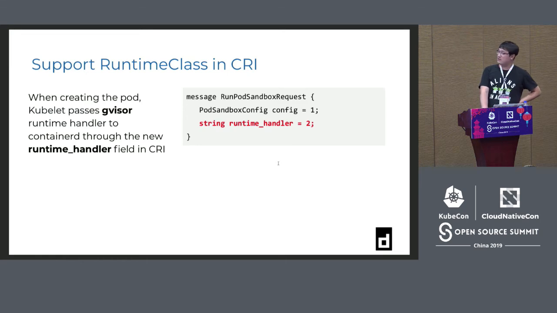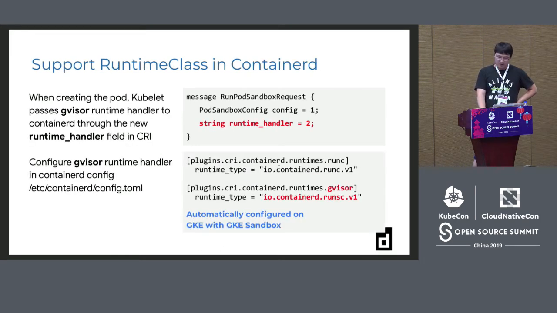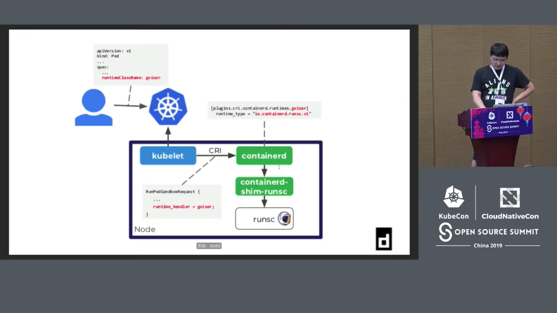So we have a gVisor runtime class, and at the CRI level, we need to send this runtime info, saying this pod is using this runtime. Then we need to configure which Shim corresponds to this runtime. So we add this configuration here. When everything is done, everything from the Kubernetes API to every interface to containerd support is connected.